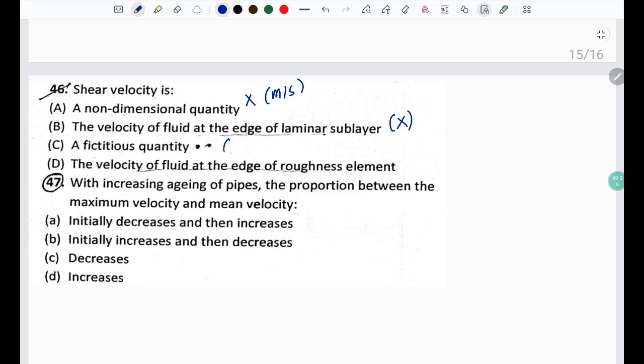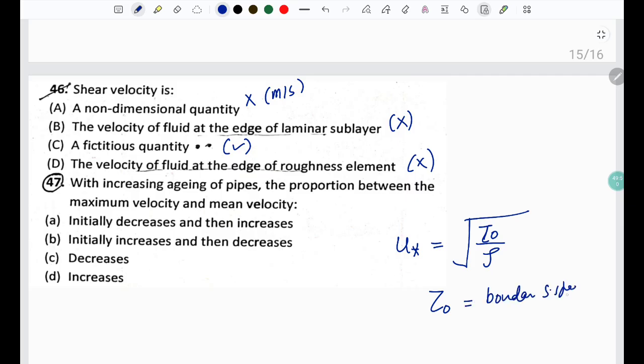Then it is a fictitious quantity? Yes, because it does not represent any actual physical quantity, physical velocity. The velocity of fluid at the edge of roughness element? No. So you see the shear velocity U star is given as square root of tau naught by rho, where tau naught is the boundary shear stress and rho is the fluid density.